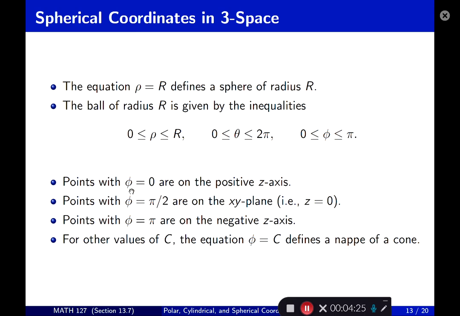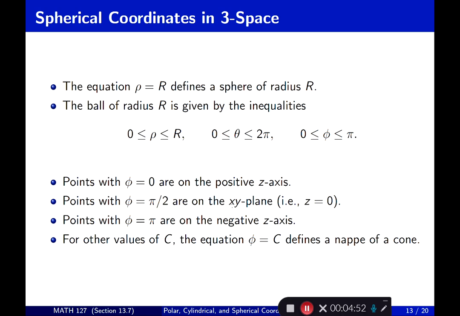Points with phi equal to 0 are on the positive z-axis. If you remember, phi is the angle made with the positive z-axis. If that angle is 0, we are on the z-axis. Phi equal to pi over 2 is the xy plane.